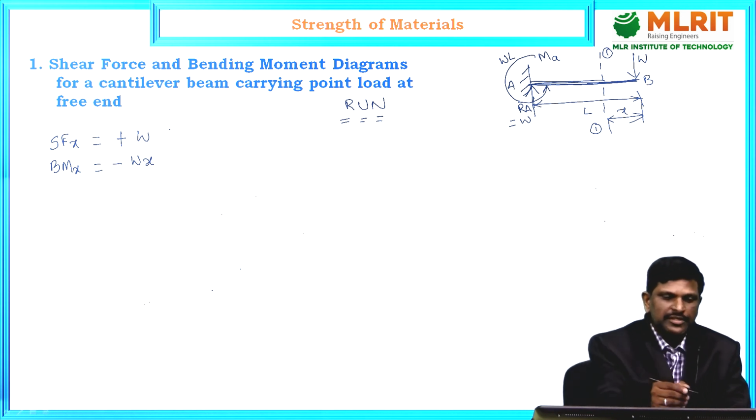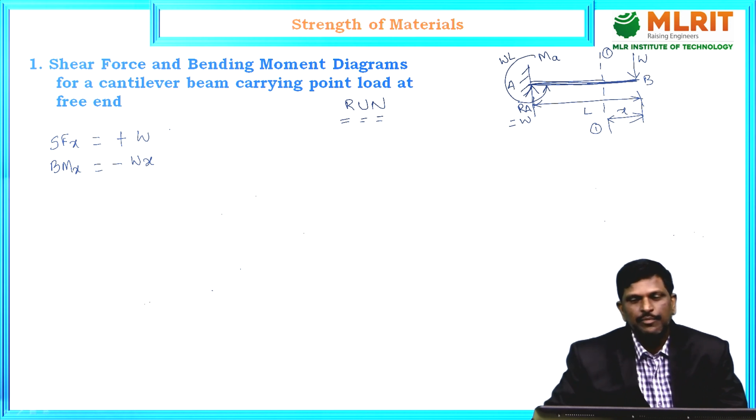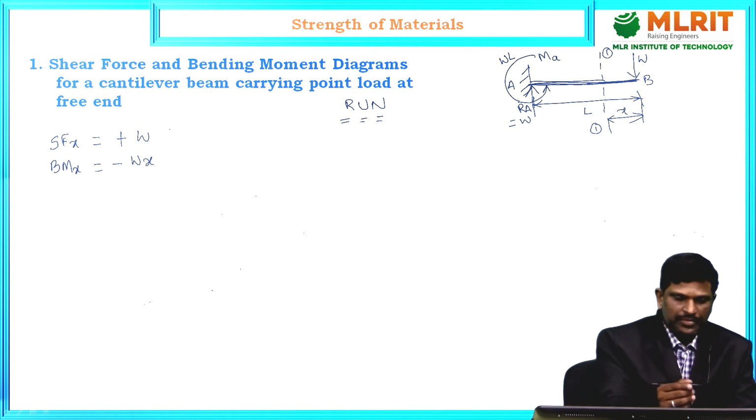These two equations are valid between B to A, because if you consider a section anywhere between B to A and consider the right hand side, we have only one force W. Therefore, these two equations are applicable between free end to fixed end. To find the shear force at any section, substitute the corresponding X value, the distance from free end. Now, let us find the shear force at B.